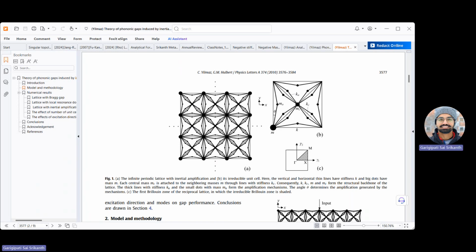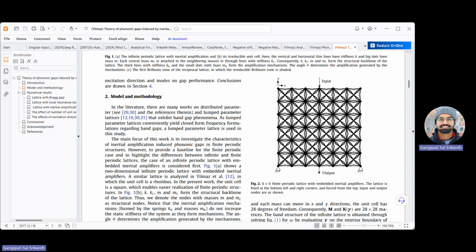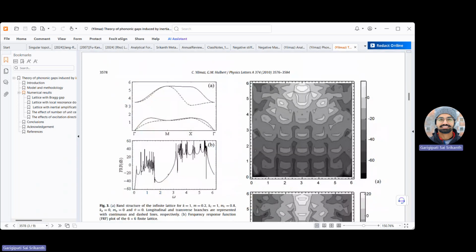Then you use this unit cell to make something bigger, and you give an input from the top and measure the output at the bottom. It's a finite structure with some boundaries. Now, what happens to the band gaps?